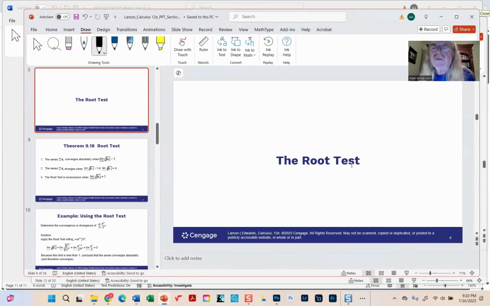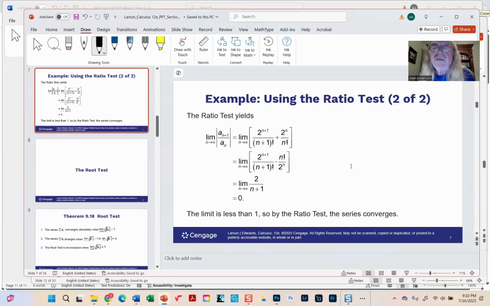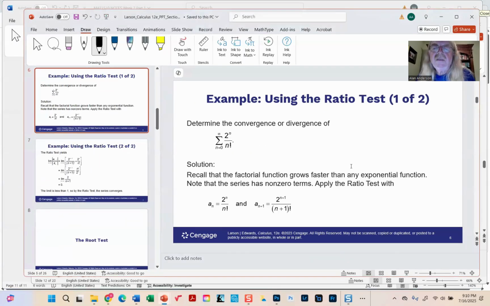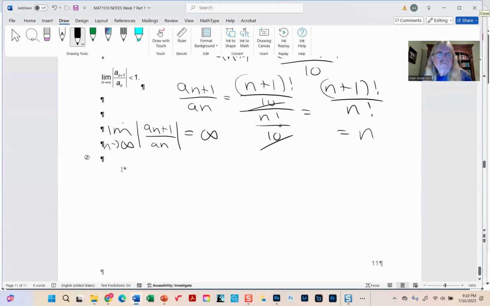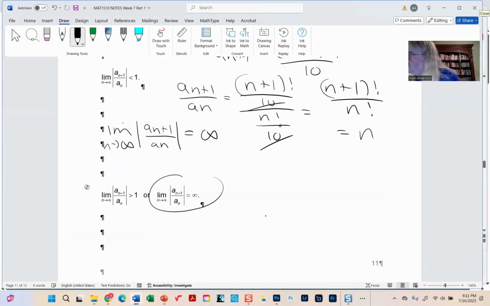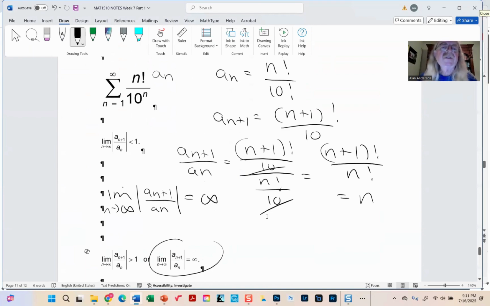It was, no, not that one. There we go. Yeah, this is what we were after. So yeah, it's infinity. It reduces to n. And when we take the limit as n goes to infinity, we just have infinity. And that would be this case. And so therefore, this series diverges.